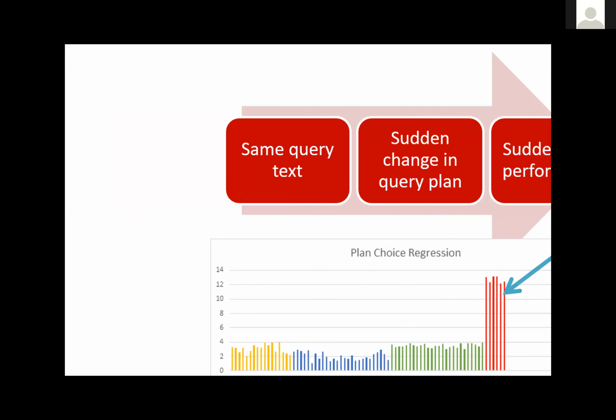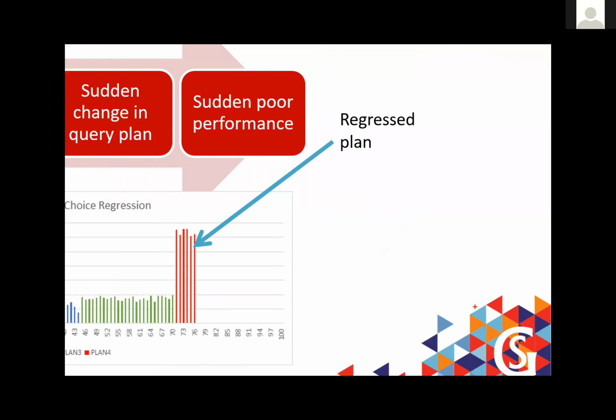The yellow bar is plan 1, blue is plan 2, green is plan 3. All these three have more or less the same performance. Suddenly I have plan 4, which is giving me awfully poor performance. Those kinds of scenarios you typically call a regressed plan or regression.